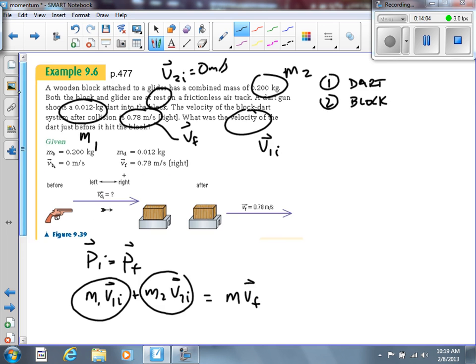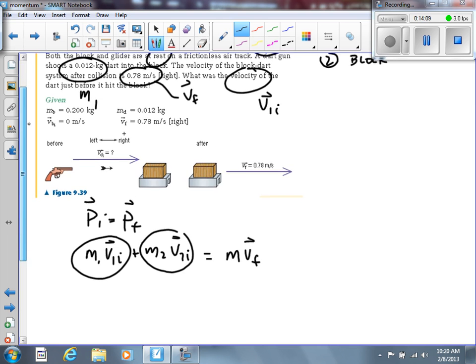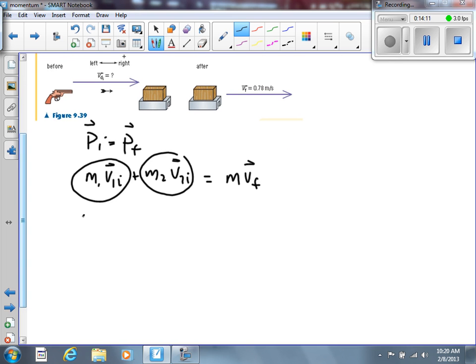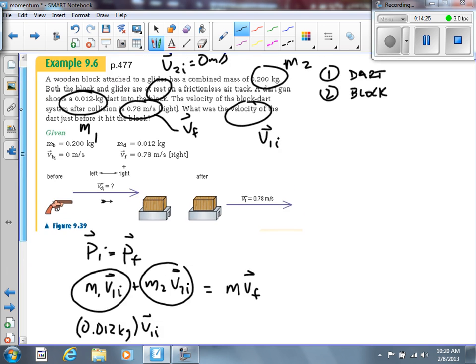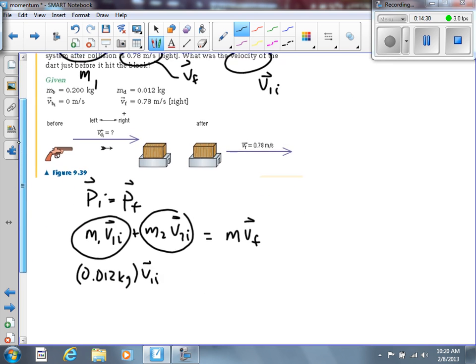M1 is the mass of the dart, and we've established from our givens that that's 0.012 kilograms. V1I is what I'm looking for here, the velocity of the dart before the collision has taken place. M2 is the mass of the block. The mass of the block is 0.200 kilograms. What's V2I?